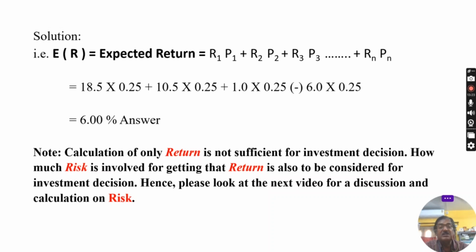That means I will discuss risks in detail in my next video, with the application of risk and return for investment decisions.